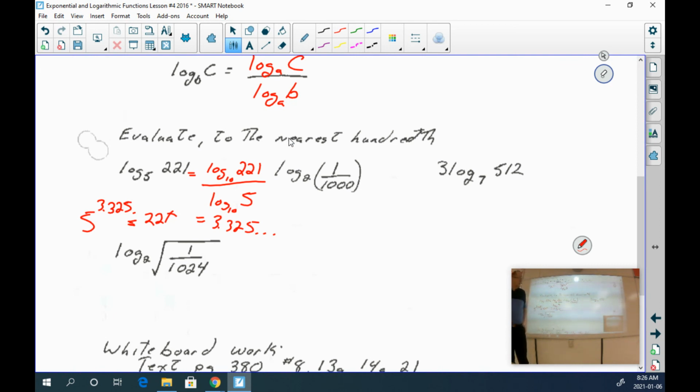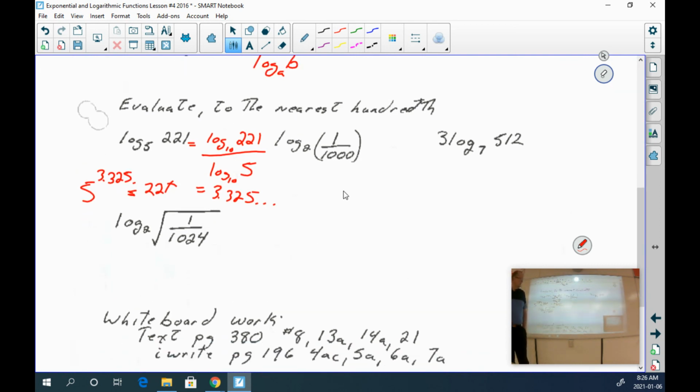Now I'm not going to punch these into the calculator because you're going to be bored looking at me doing it. But here we have log base 2 of 1 over 1,000. Now, I almost always use log base 10, but there's no problem with me or with you using the natural log button.